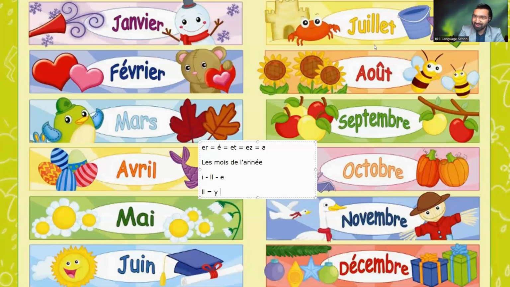It's Juillet for July, Août for August, Septembre for September, Octobre for October, Novembre for November, Décembre for December.